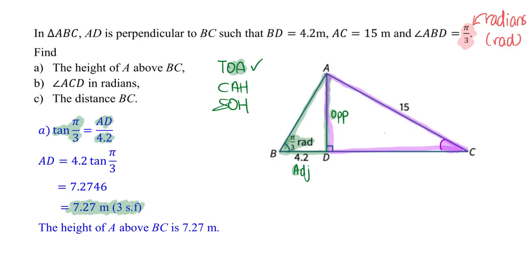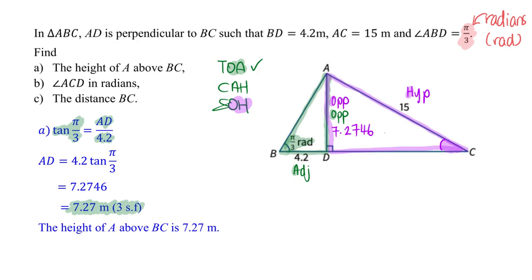With respect to the angle, I have my opposite side as AD, and the hypotenuse. Since I already know AD from part A, 7.2746, I have an O and an H.